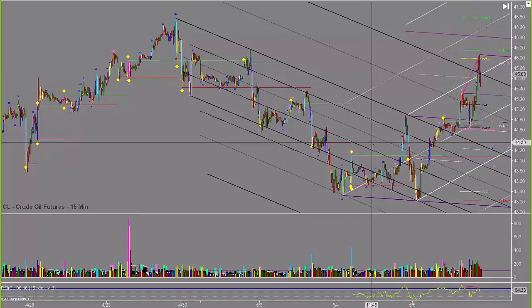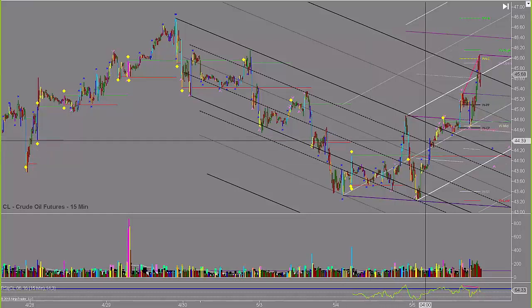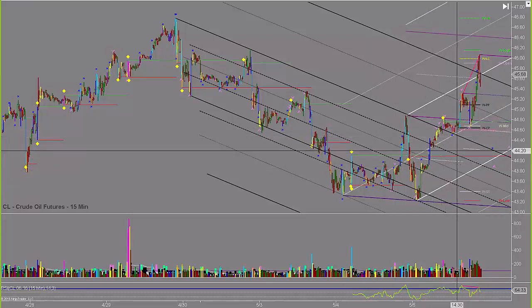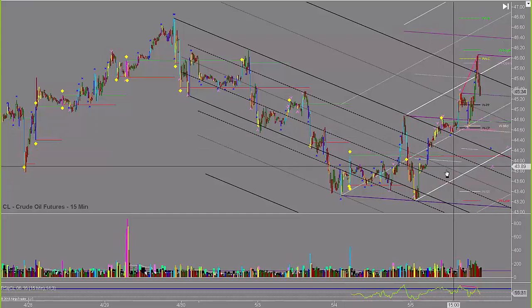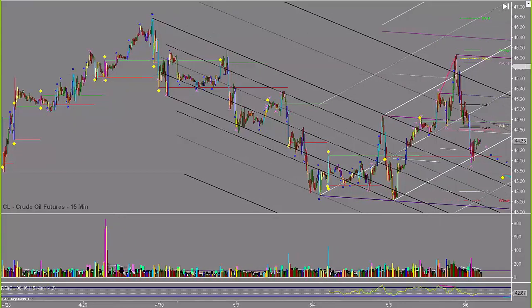Probably might have drawn in that one. But here, the market's now come up to the top to our warning area and it's come back down again.